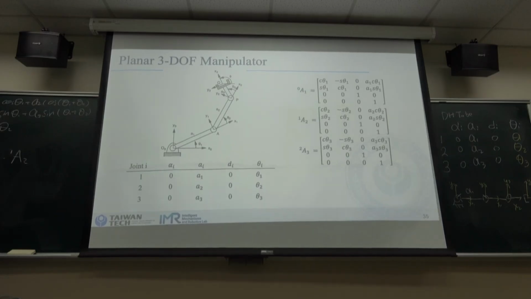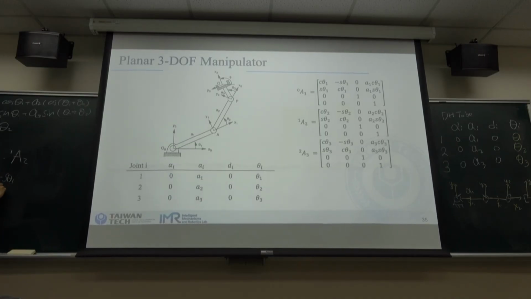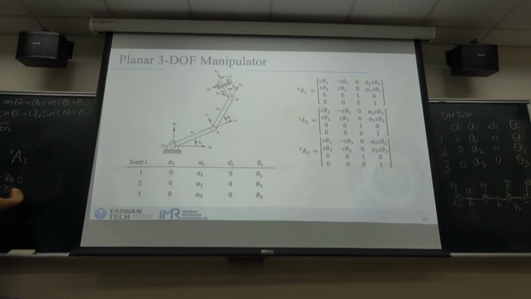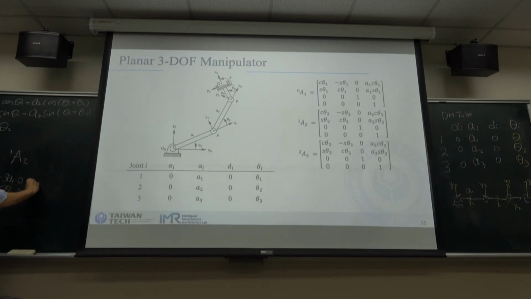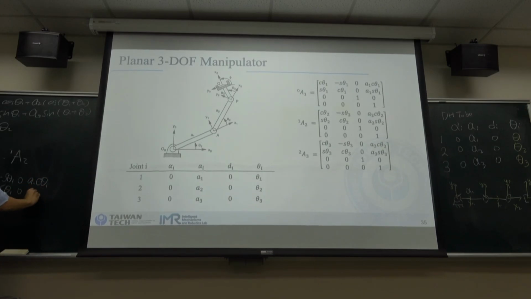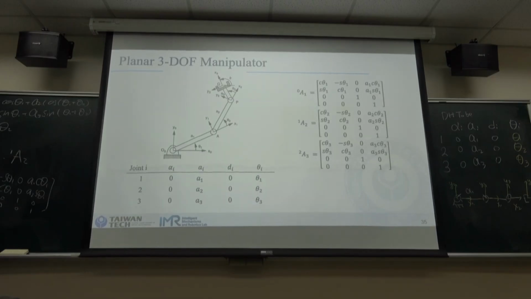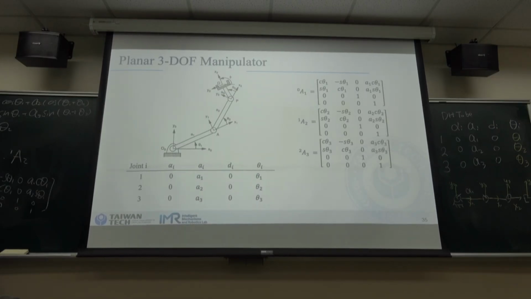So it's cosine theta 1, and A1 cosine theta 1, A2 sine. I think we don't have enough space, so maybe we can write the second one here.